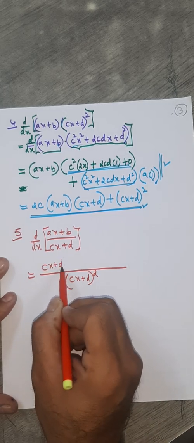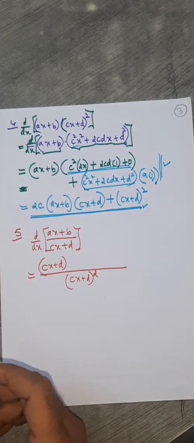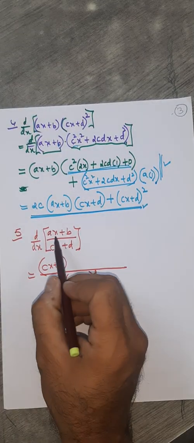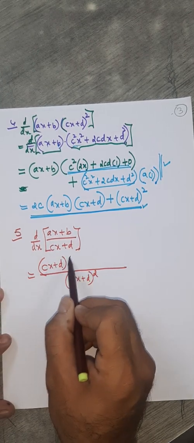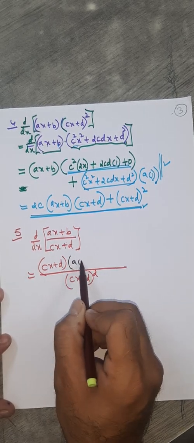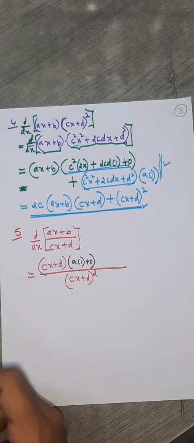Then cx plus d as it is here. Differentiation of this one. What is the differentiation of this bracket? There, b being constant alone, derivative 0. Derivative of ax, that is just a. Differentiation of x is 1.